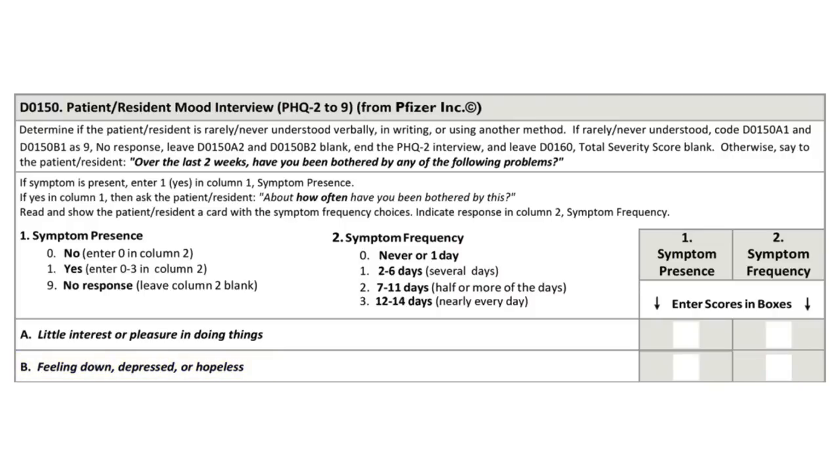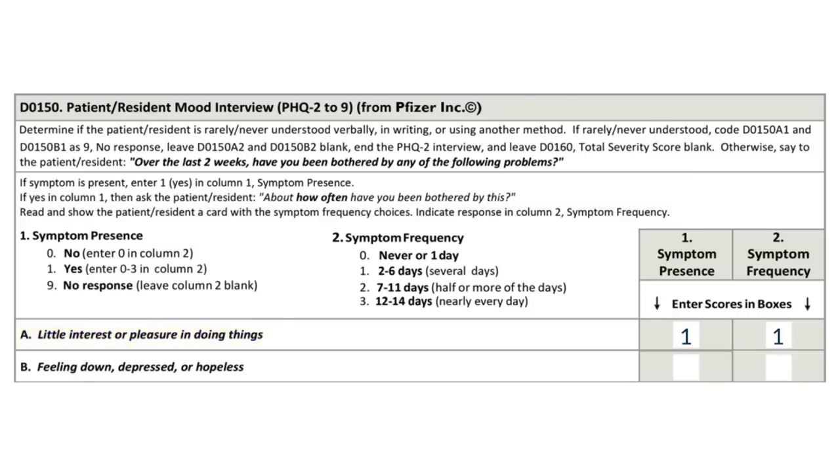The correct coding for D0150A1 would be 1, yes, as Mr. Mason explained that he no longer enjoys eating like he used to. The correct coding for symptom frequency for D0150A2 is 1, 2 to 6 days, as Mr. Mason identified that he has only been bothered by his symptoms since his surgery, which was 3 days ago.